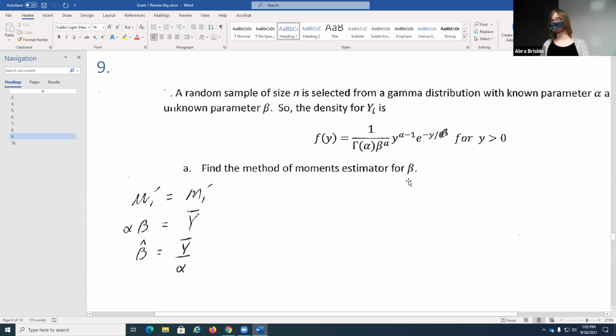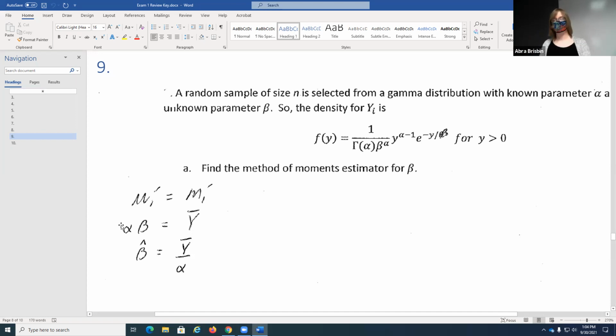Here we're just trying to estimate one thing, so we just need one equation made out of the first moment and first sample moment. The sample moments are all the average of y to the k in the sample. So for the first moment, it's just the average value of y to the 1, so that's just y bar.